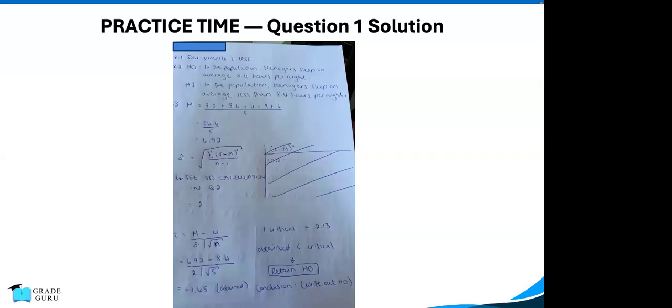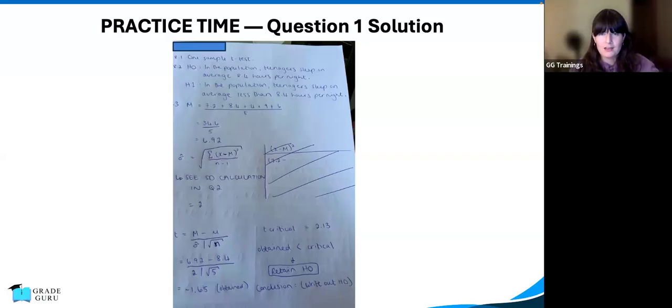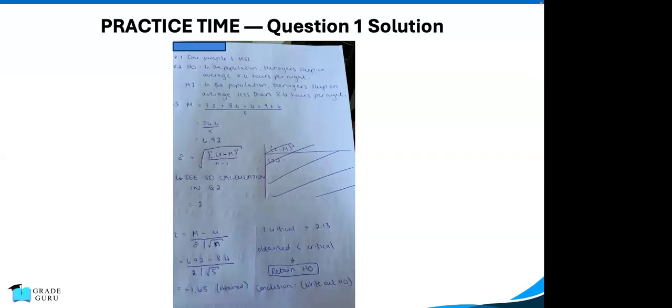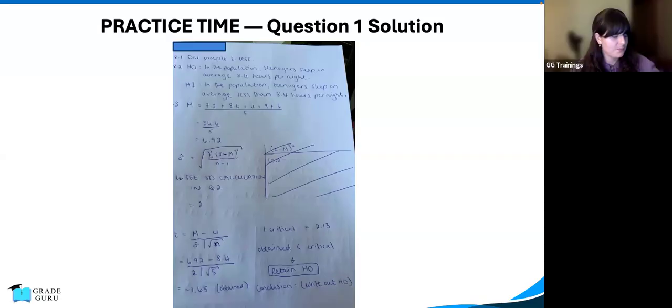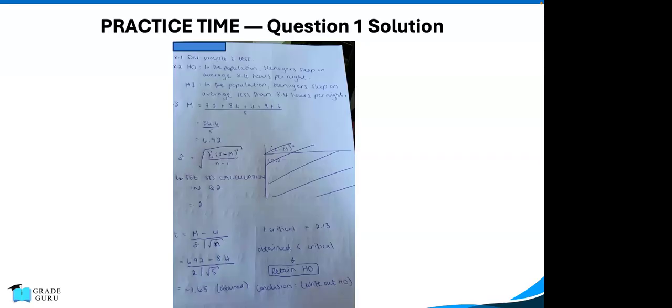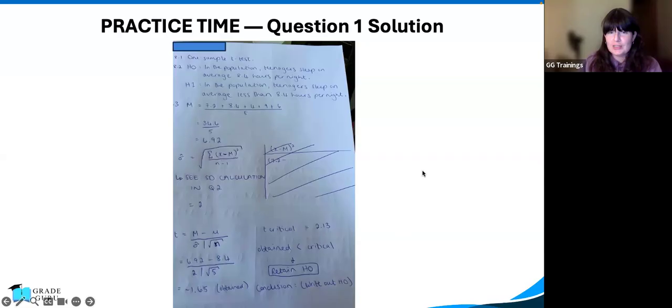I think I filled in some wrong numbers because I got the mean right, but I probably did something weird on my calculator, though the steps I did right. So what I would ask you to do when you have a bit of time during the practice time is just to redo that standard deviation calculation, just to find where you made the mistake. Okay. Cool. We're going to move on to question 2 in the meantime.